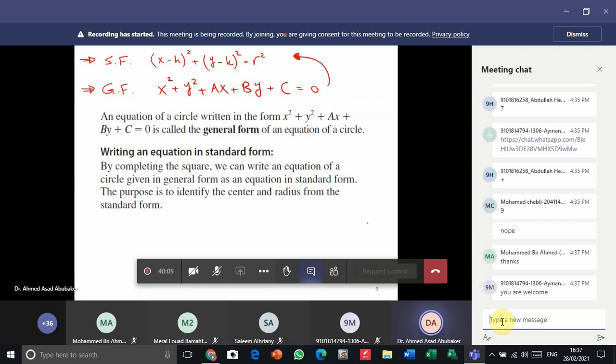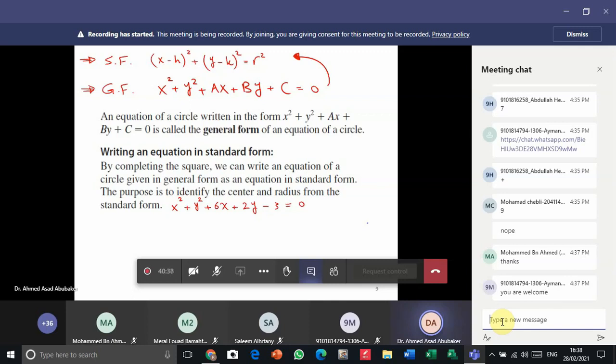Look at this example. If we have, for example, x square plus y square plus 6x plus 2y plus, for example, 1 equals 0. Or we can put it negative, not 1. We can put it 2 or 3 or any value. Okay, positive, negative.